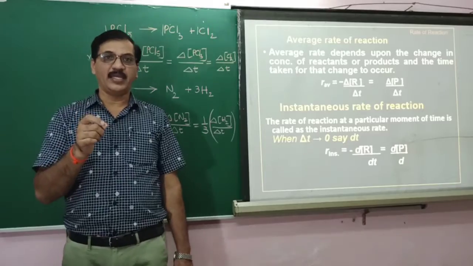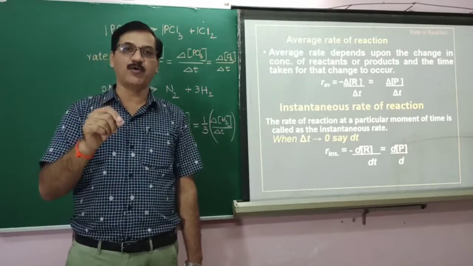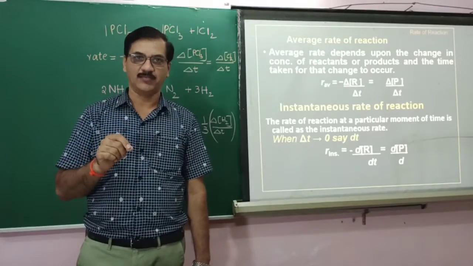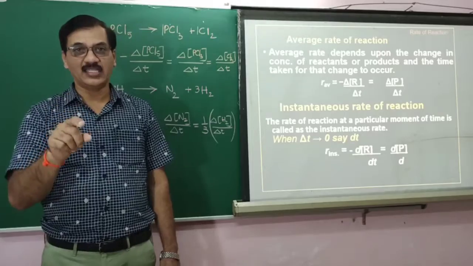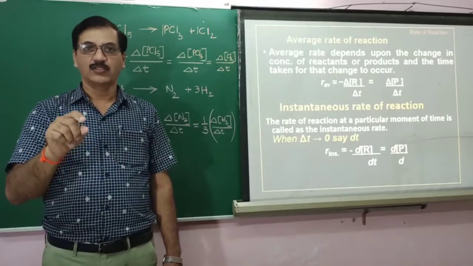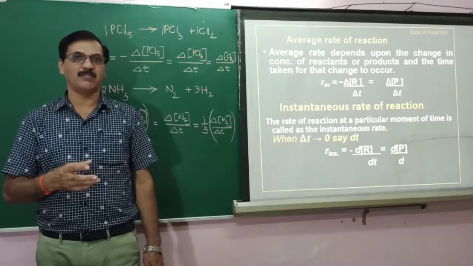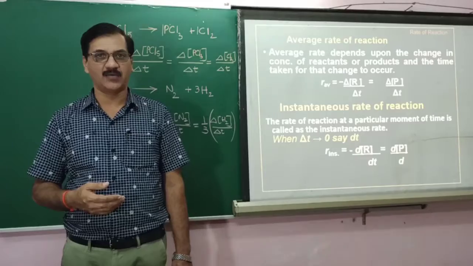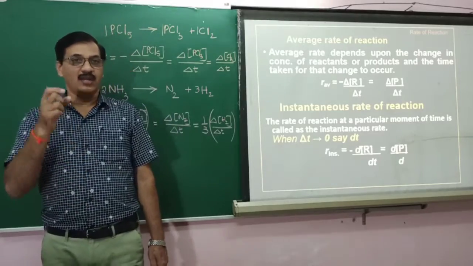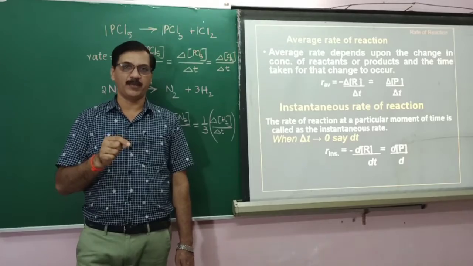But 50 km per hour is not indicated at every moment that you are traveling in the car. If you look at the speedometer fixed in the car, you can see the speed at every moment. It may be 50 km per hour, it may be 30 km per hour, and sometimes it may be 70 km per hour. So the speed of the car at an instant is the instantaneous speed.